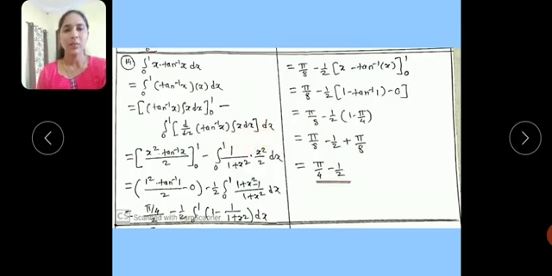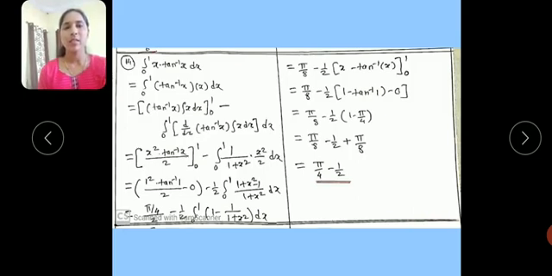This is equal to, here tan inverse x as it is, integration of x is x square by 2, minus integration from 0 to 1 of 1 by, here the derivative of tan inverse x is 1 divided by 1 plus x square, into the integration of x, which is x square by 2, dx. This is equal to, taking the limit, first the upper limit 1 and then the lower limit 0.